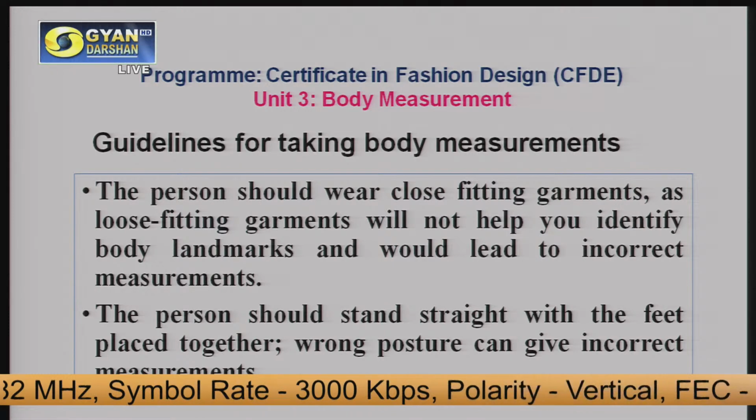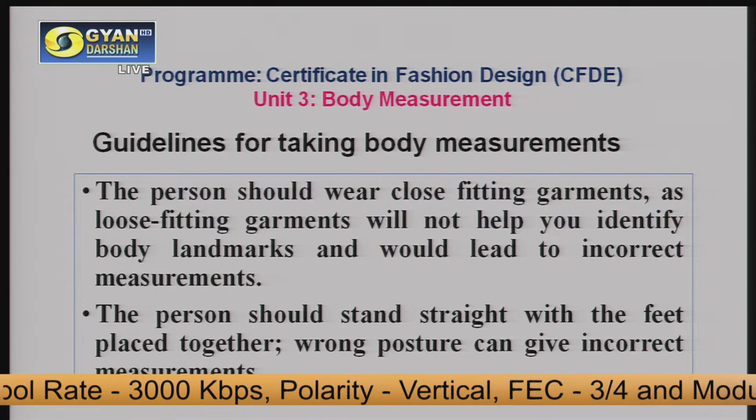If you have good experience of taking body measurements, you will understand this point very well: if the person for whom you are taking a measurement for constructing a garment is wearing a very loose fitting garment, you will not find the appropriate measurement.